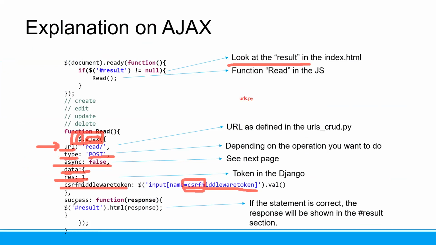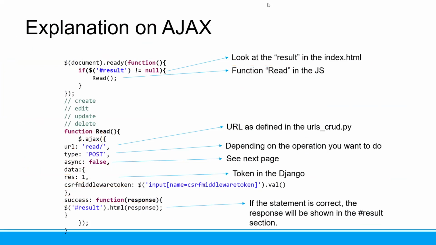And then if we have a success, it means if everything is correct, or there is no error, then let's do a function, and the function will give you a response. What is the response? The response will be in the result. How do we know that it is in the result? Because we declare the dollar sign.